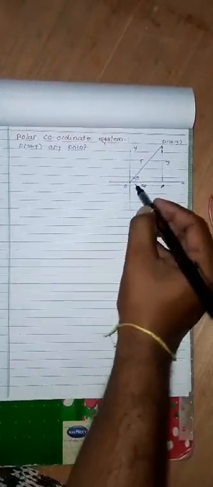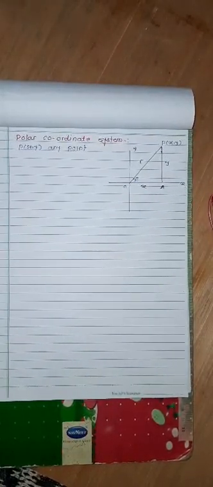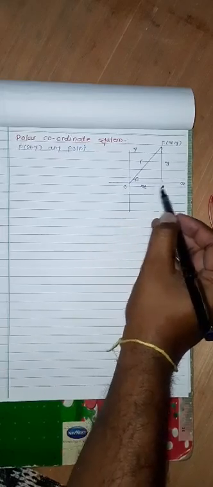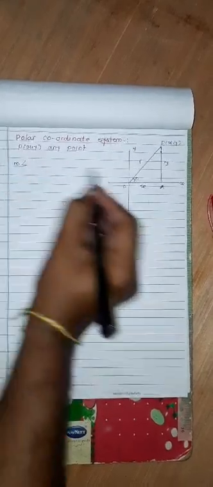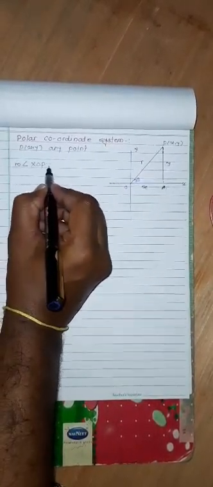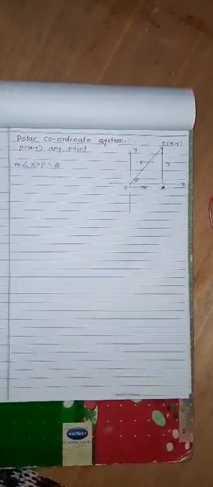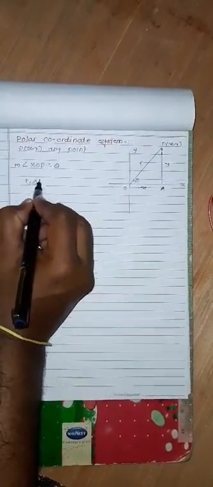Now suppose OP is equal to r, and this angle POX, the measure of angle XOP, is equal to theta degree. Then the ordered pair is r and theta.